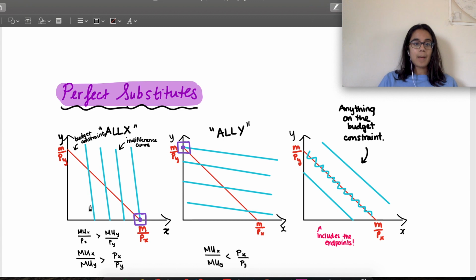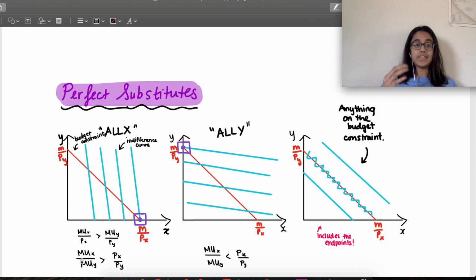You can realize this by knowing that the marginal utility with respect to X over the marginal utility with respect to Y is my MRS, my marginal rate of substitution.